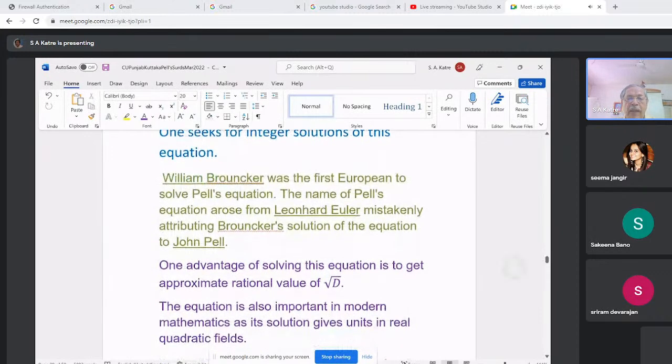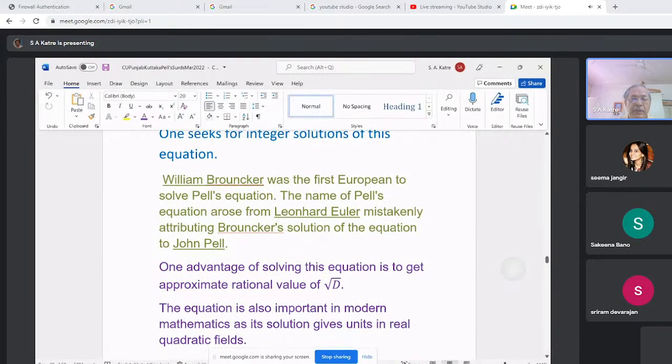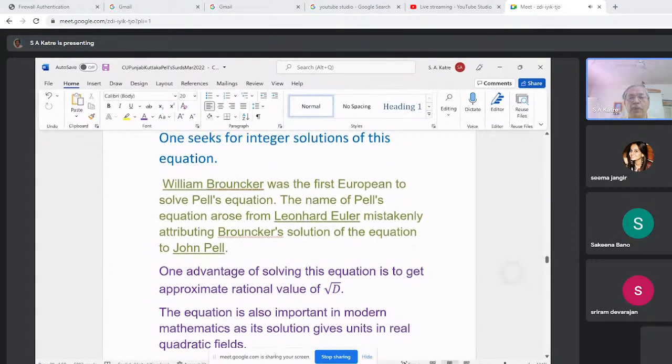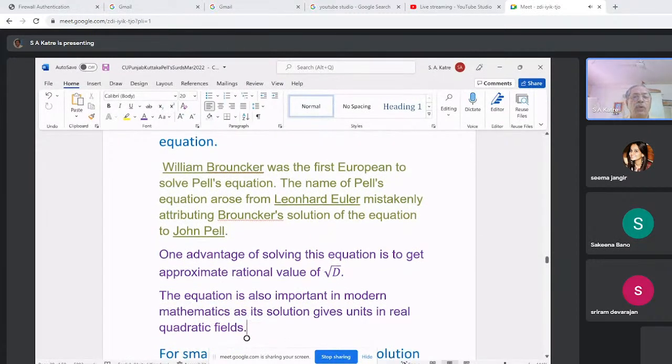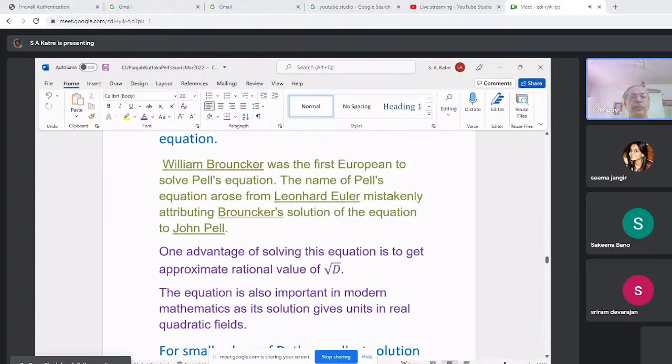Essentially, Fermat had put some questions to the British mathematicians. Fermat was a French mathematician, and we will see that equation soon. But then Brouncker gave a solution to that problem. So he was the first European to solve Pell's equation in some sense.